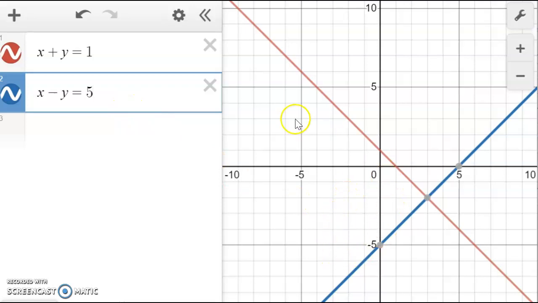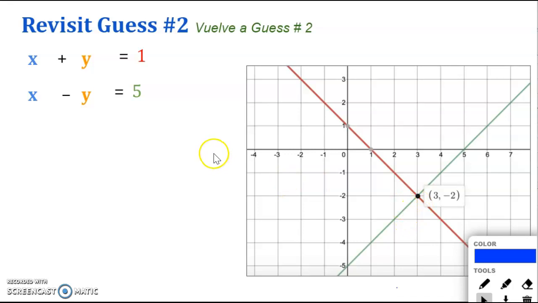So when you do that, look what happens. You have two lines that cross at an intersection. If I click on that, it gives me the coordinates of the intersection, and I get (3, -2). And that's what I have here.